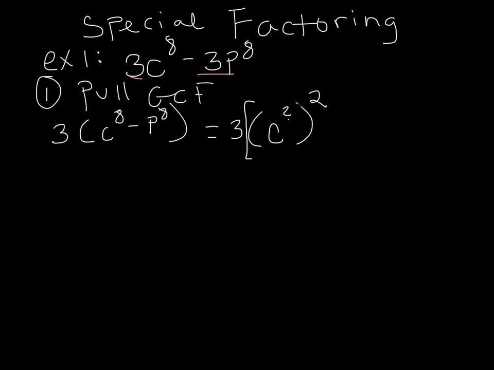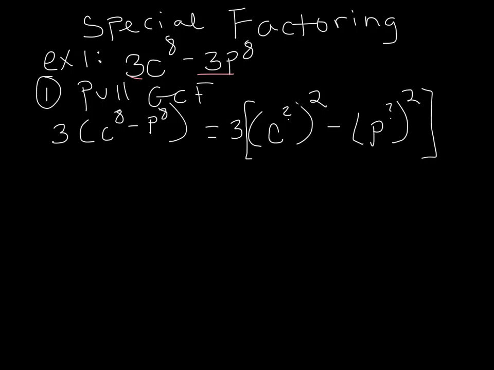So c to what power, all squared, would give us c to the 8th? And the same thing for the p: p to the question mark, all squared. The 3 is just going to hang out on the outside, so we aren't really going to worry about that anymore. But what would go in the question mark times 2 that would give me 8? And the answer is 4, right? So I can rewrite this, and then you see that you have a difference of squares.